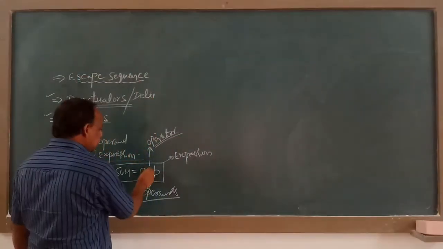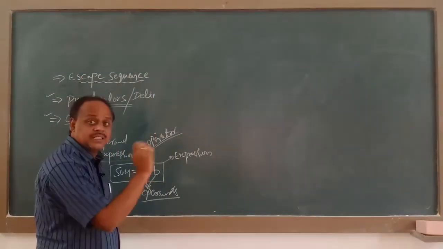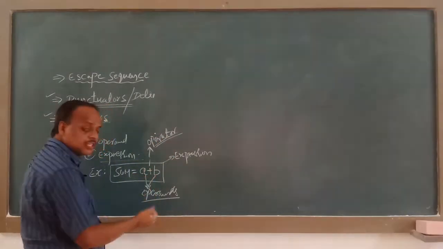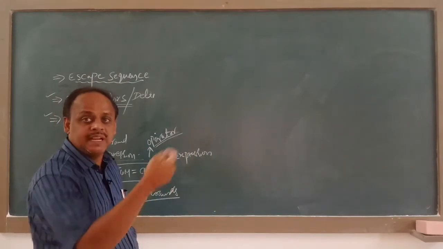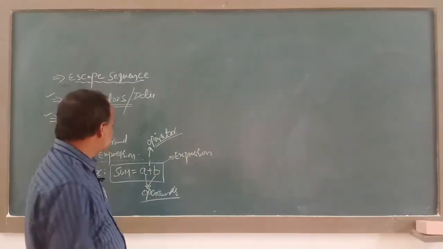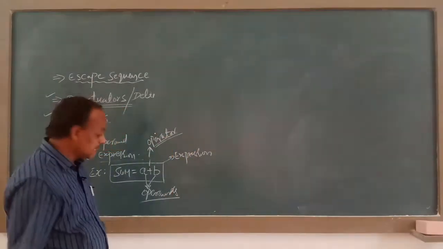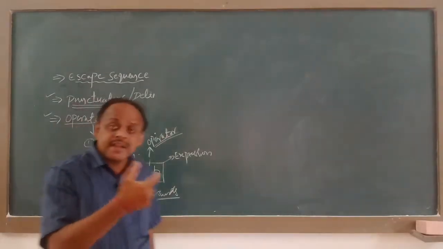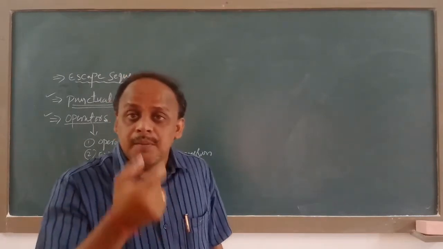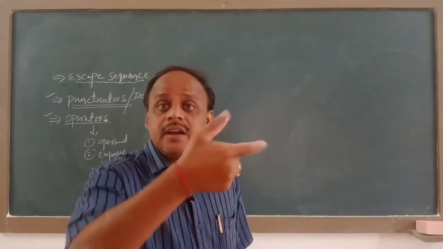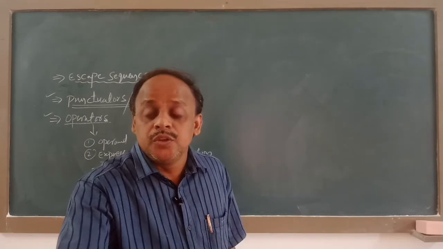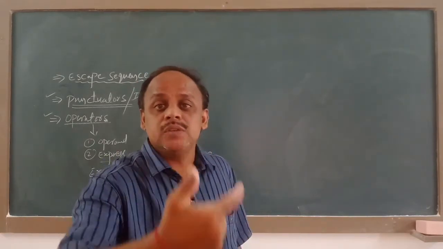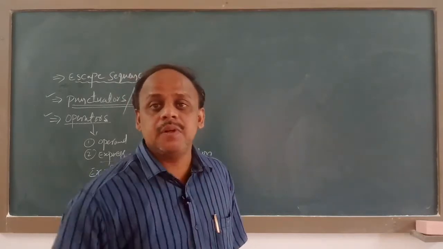Here plus is the operator. What are operands? Here A and B are operands. Operands are variables or values you combine with an operator to give some result, to yield some value.